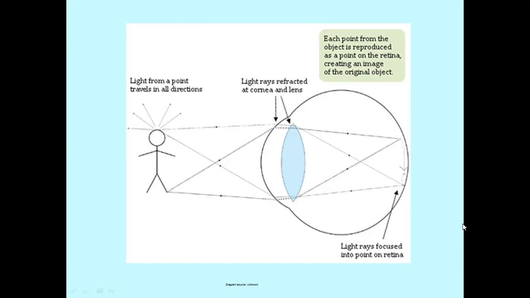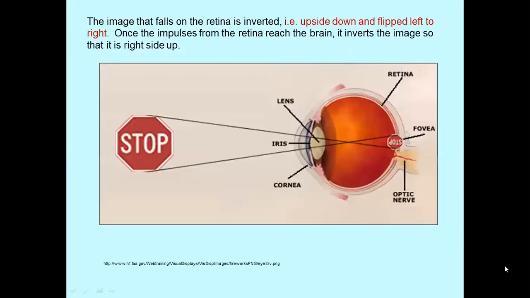Because the retina contains rods and cones, those rods and cones will then send an impulse to the little neurons with which they synapse, and those neurons will then transmit an impulse to the optic nerve, to the occipital lobe of the brain, where it is interpreted.